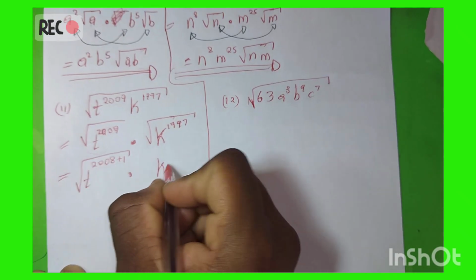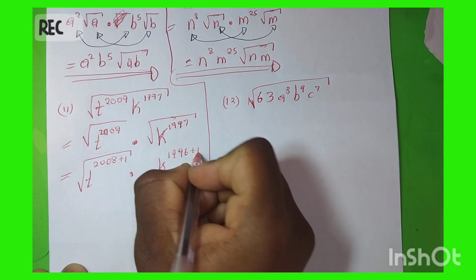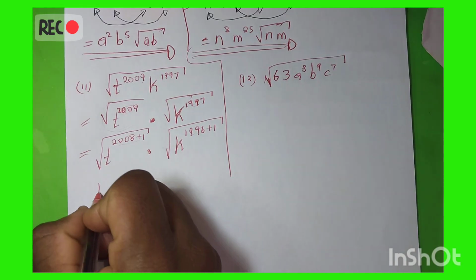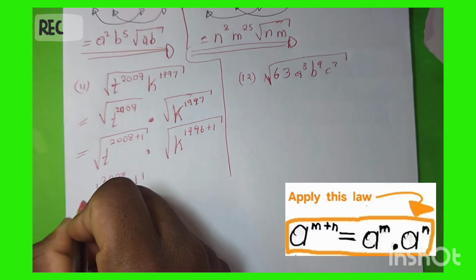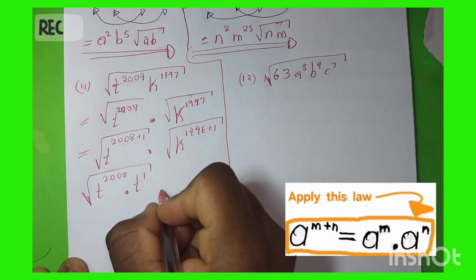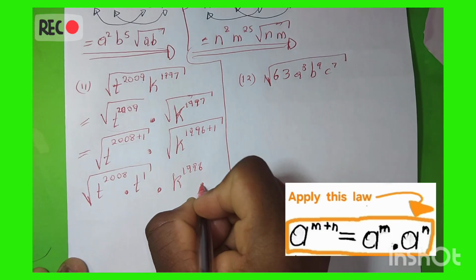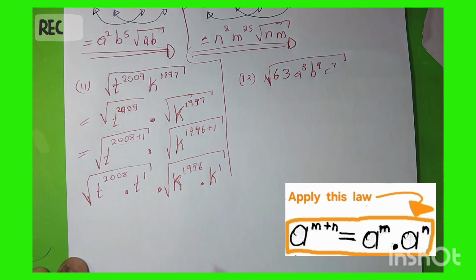Even here for k, it will be 996 plus 1. Do you see? Now I can break the exponents: t^8 multiplied by t^1, and multiplied by k^996 multiplied by k^1. Do you see, guys?